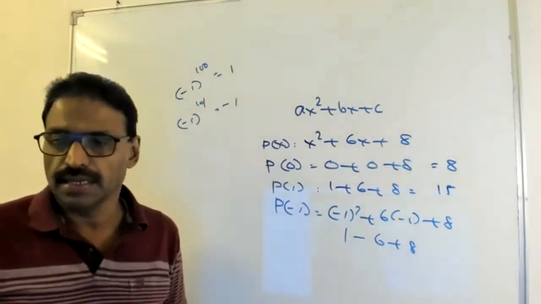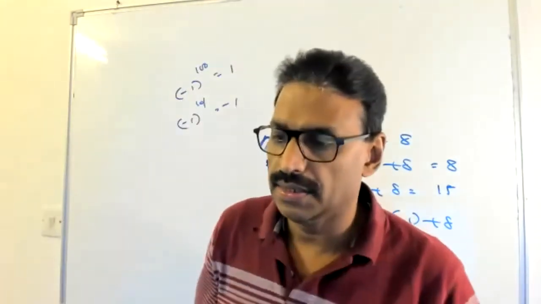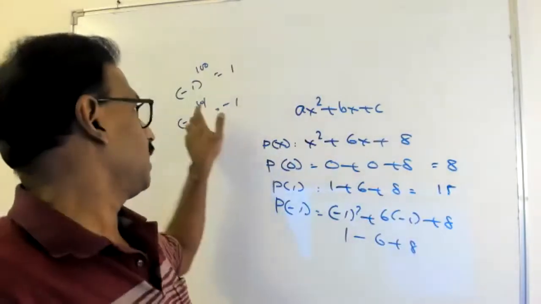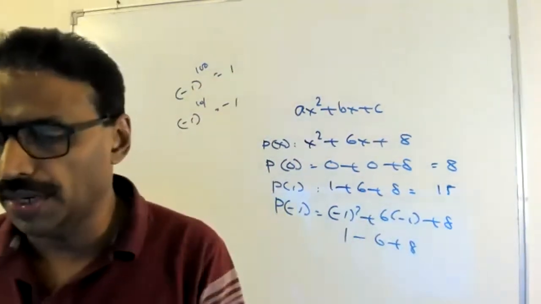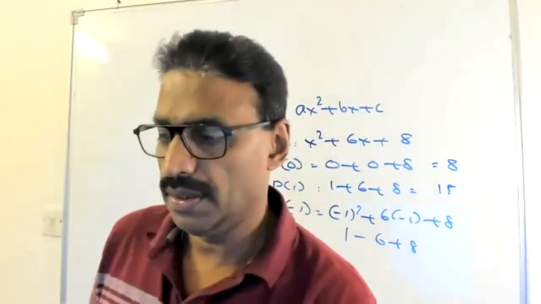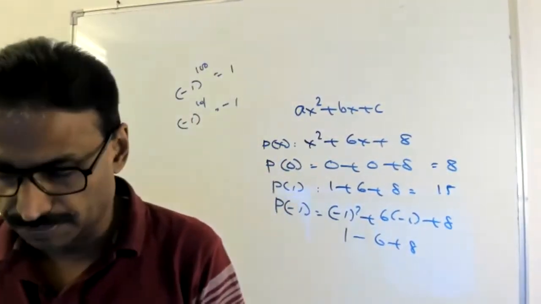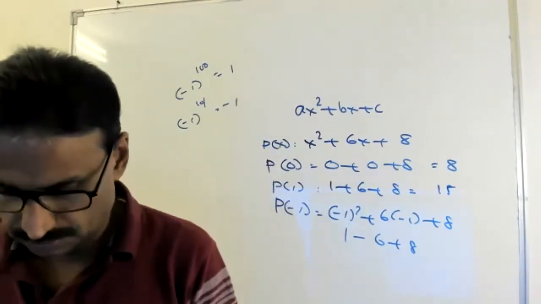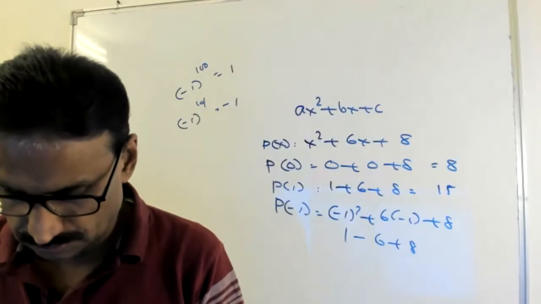Keep it in a box. Write in a box that minus 1 raised to 100 equal to 1, minus 1 raised to 101 equal to minus 1. Everyone, keep it in a box.